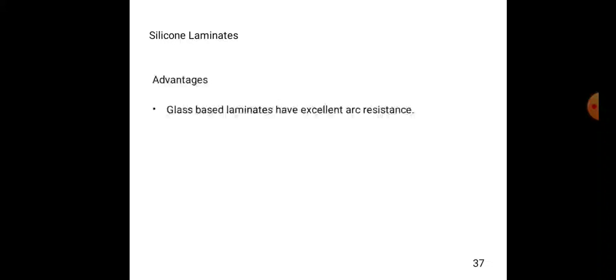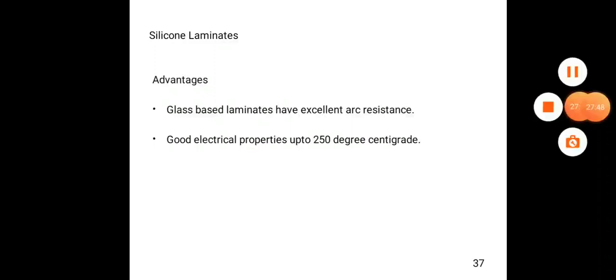The advantages of silicon laminates are glass-based laminates have excellent arc resistance and good electrical properties up to 250 degrees centigrade. The meaning is arc resistance is excellent and it can also be used at high temperature, up to 250 degrees centigrade. So that's why we are using the silicon laminates.